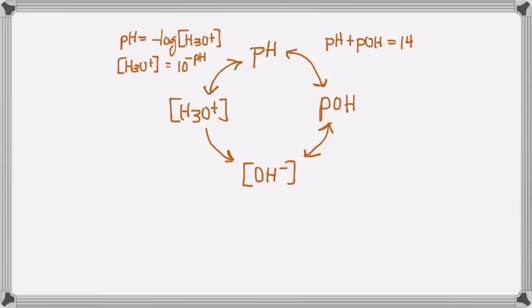If you're going back and forth between hydronium and hydroxide ion concentration, we use the KW equation. KW equals 1.0 times 10 to the minus 14, which equals the hydronium ion concentration times the hydroxide ion concentration.